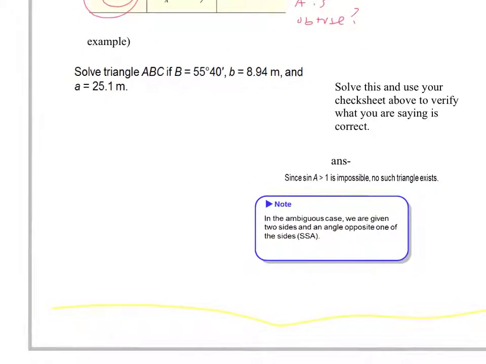All right, let's draw this first one. Solve triangle ABC if B is 55 degrees and 40 minutes. Note B is acute.